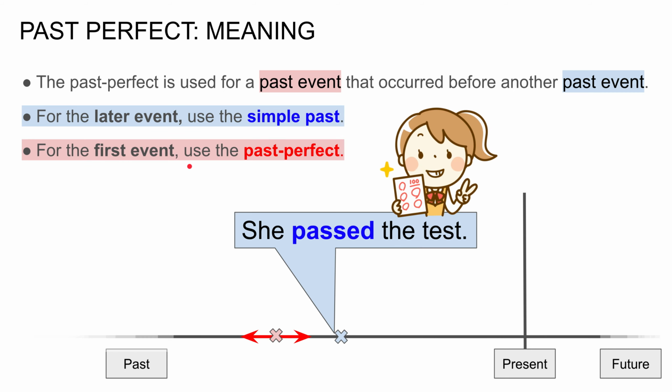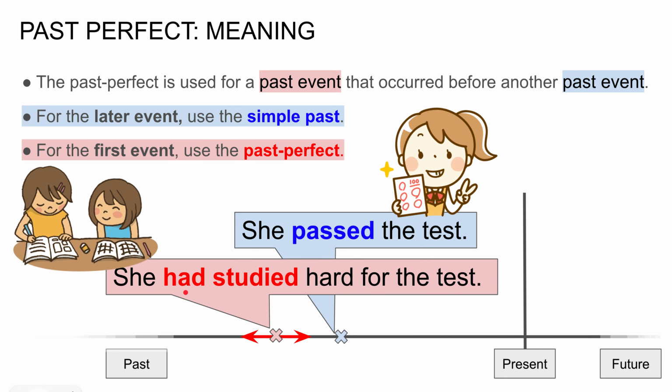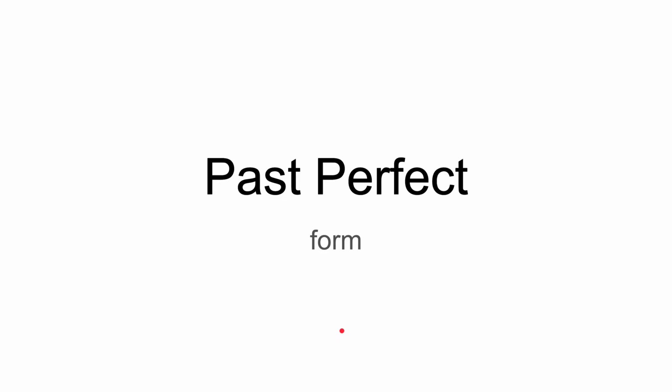For the first event, we use the past perfect: she had studied hard for the test. So she had studied hard for the test, and therefore she passed the test. Had studied is past perfect for the first event, and simple past for the later event.